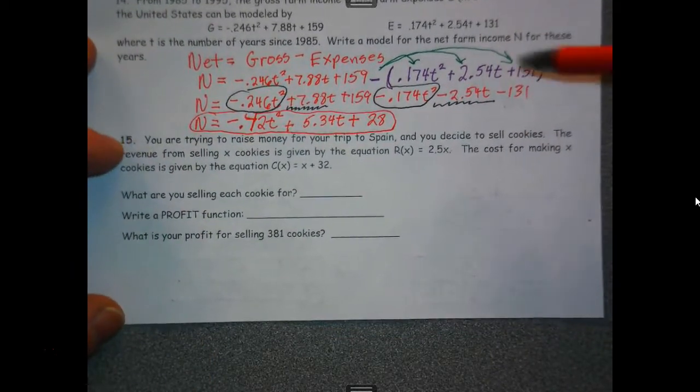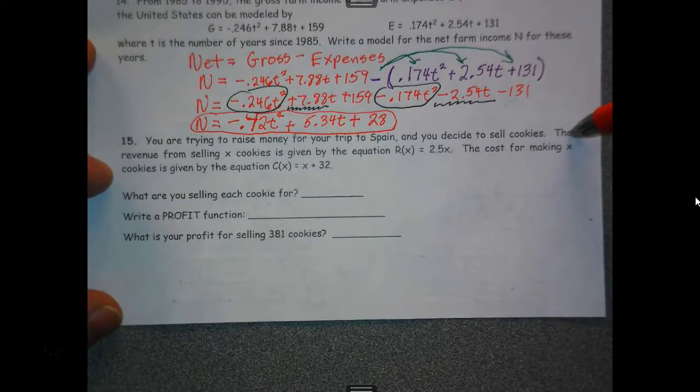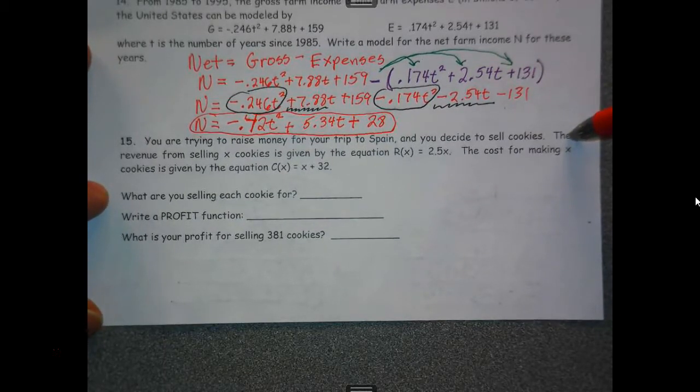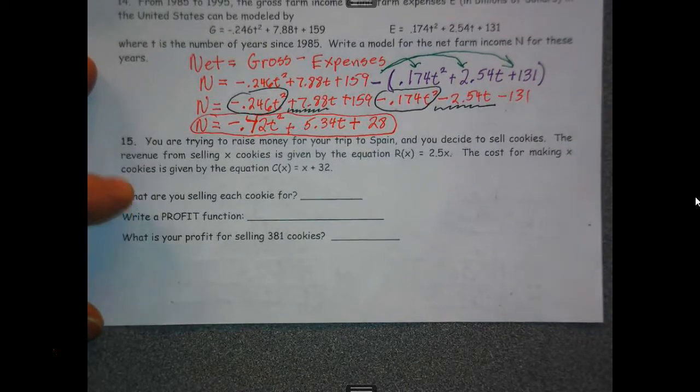You're trying to raise money for your trip to Spain. You decide to sell cookies. The revenue from selling X cookies is given by the equation R of X equals 2.5X. The cost for making X cookies is given by the equation C of X equals X plus 32. What are you selling each cookie for? Look at your revenue function, because that's the money you bring in.